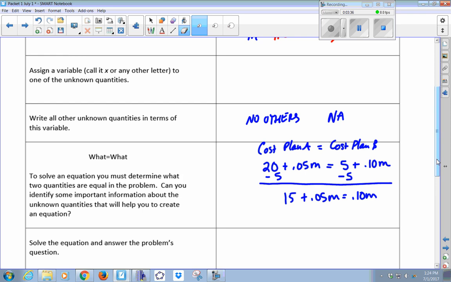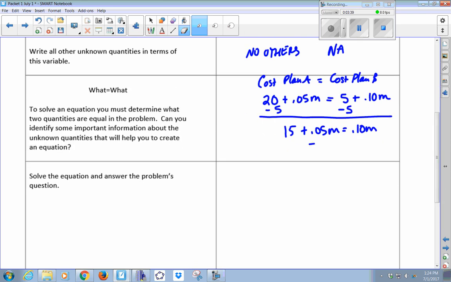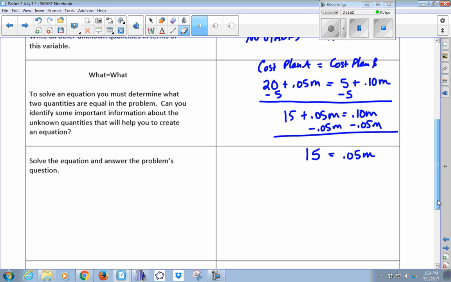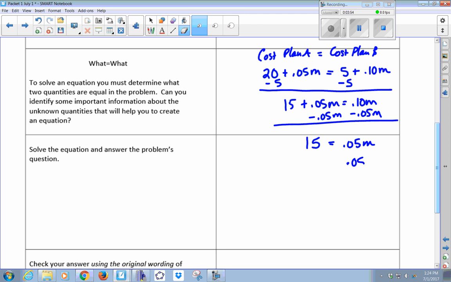Okay, so we have our constant term on the left. Let's get our variable term on the right-hand side by subtracting 0.05M from both sides. So we get 15 equals 0.05M. And now we want to divide both sides of this equation by 0.05 to get 1M.